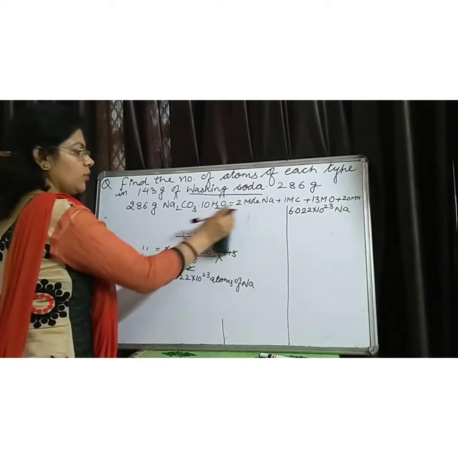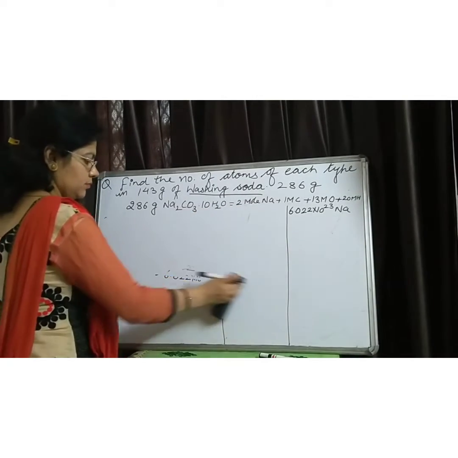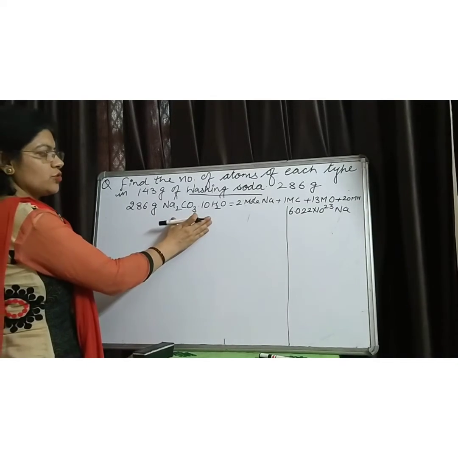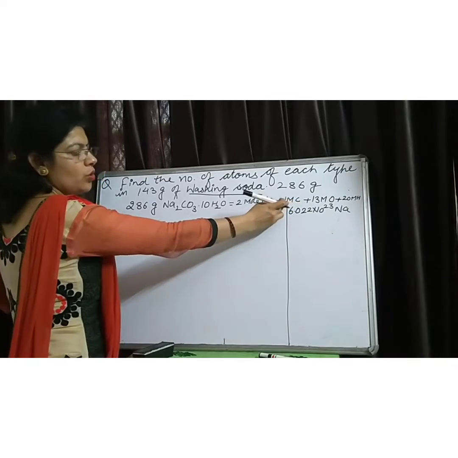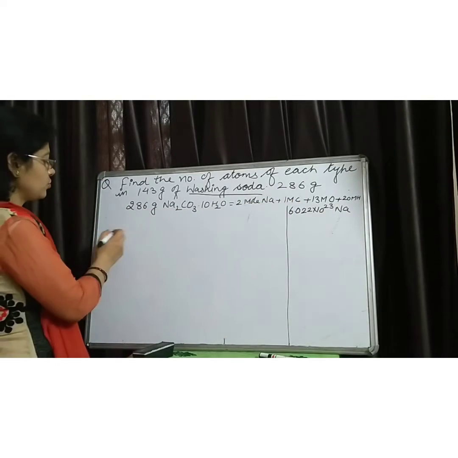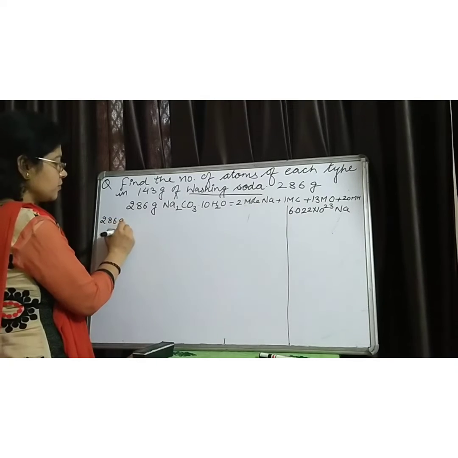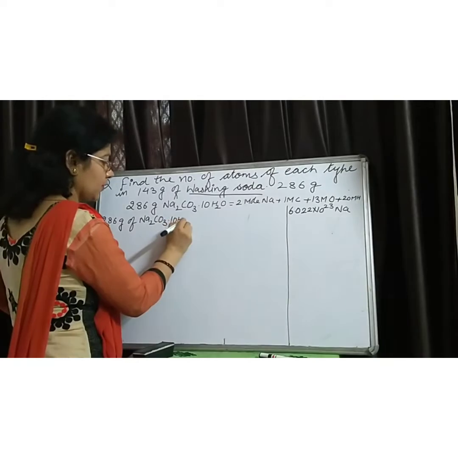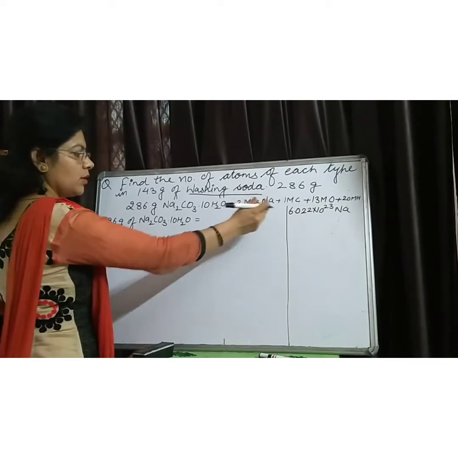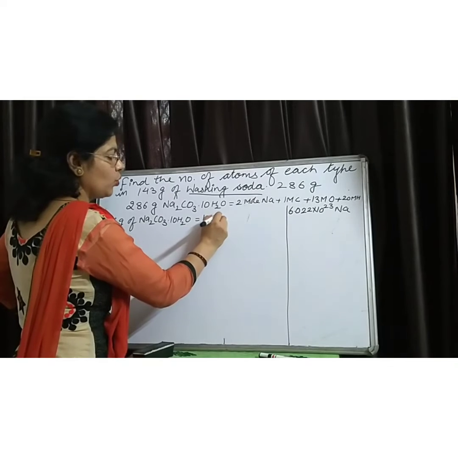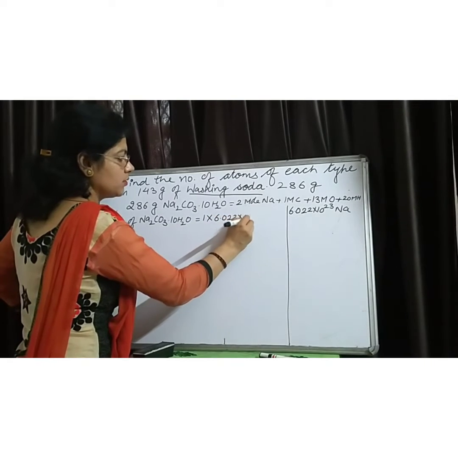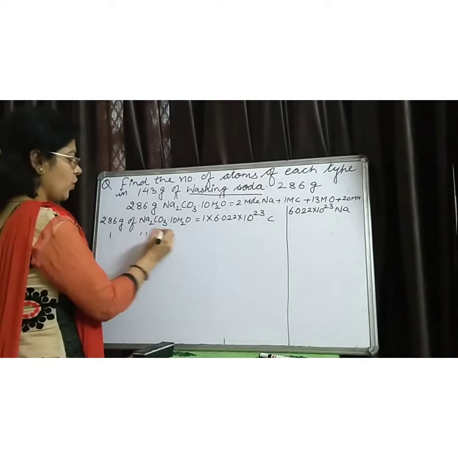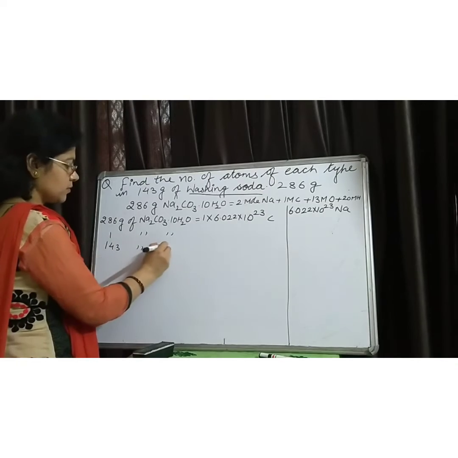Next we have to calculate carbon. For carbon, we know that 286 gram of washing soda has 1 mole of carbon atoms. So solve this. 286 grams of washing soda has number of carbon, that is 1 mole. 1 mole means 1 into Avogadro number. Now solve this for 143 grams.